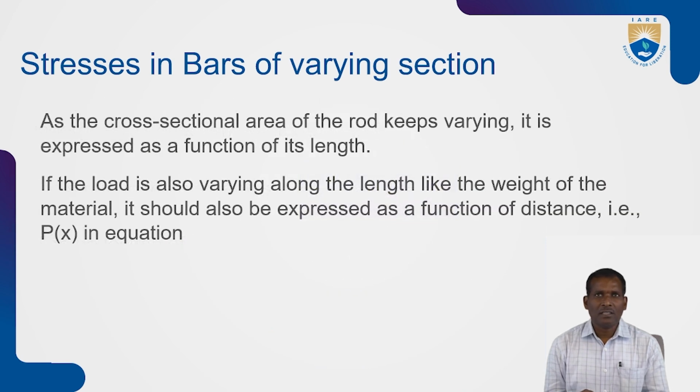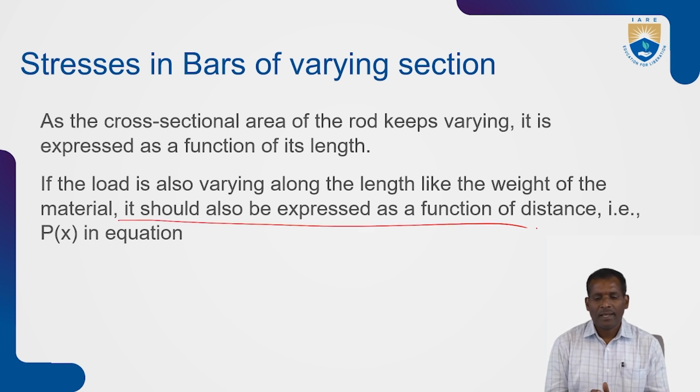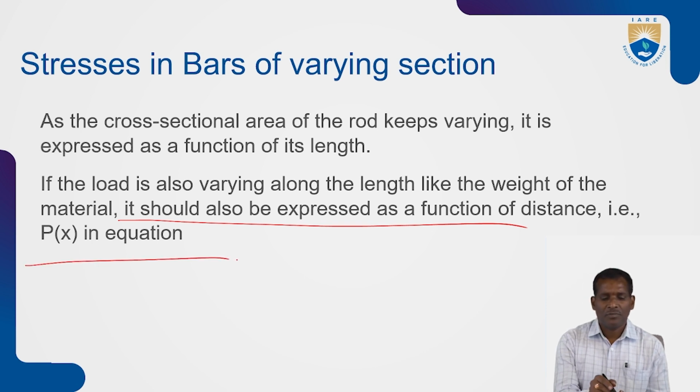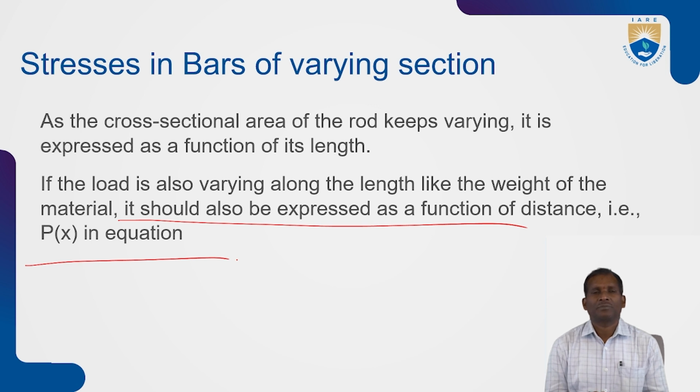As the cross-sectional area of the rod keeps varying, it is expressed as a function of its length. If the load is also varying along the length, like the weight of the material, it should also be expressed as a function of distance. That is phi of x in the equation.